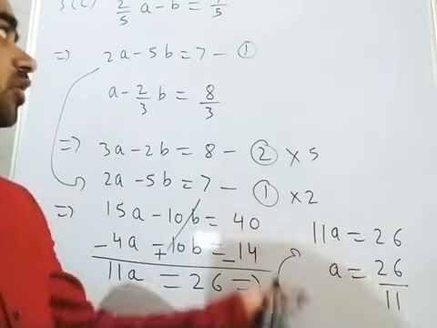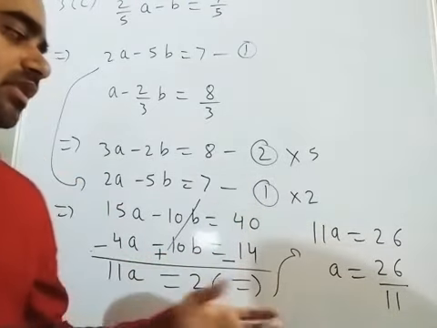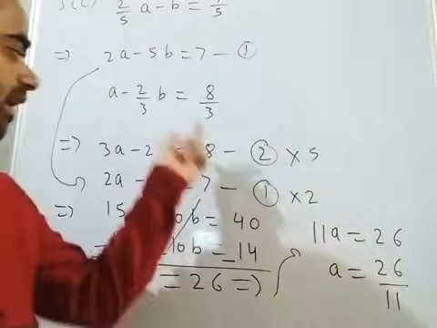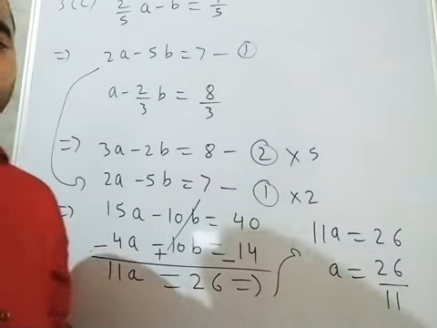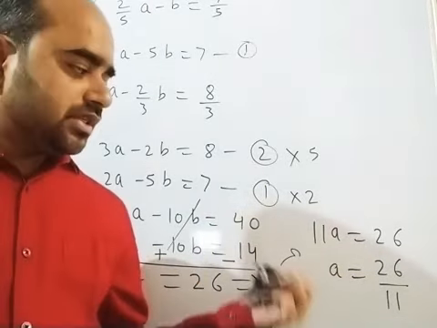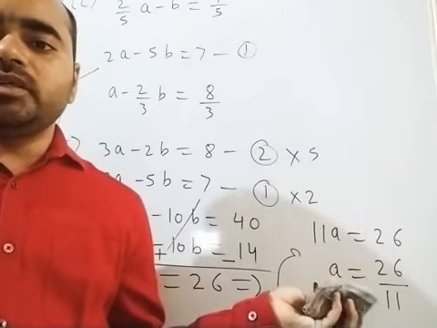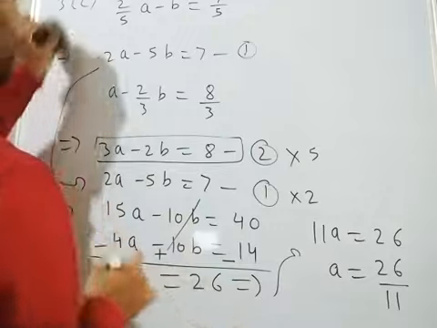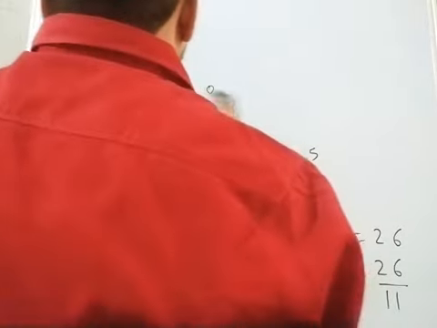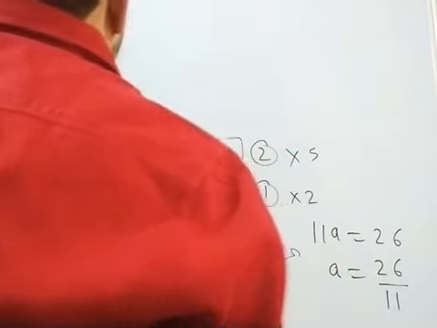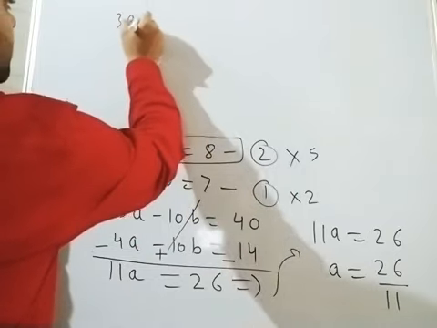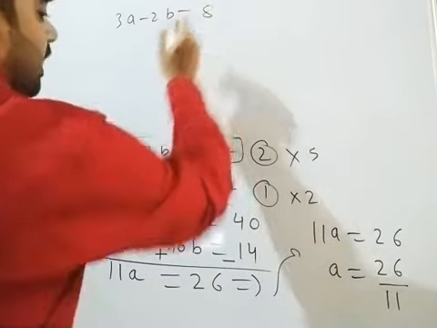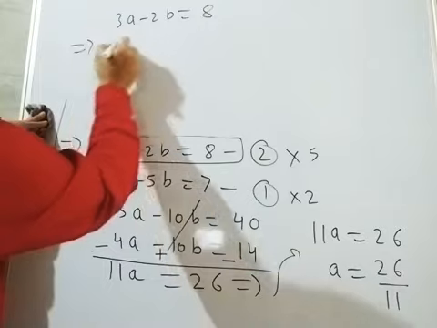Correct? How to calculate b? You will substitute the value of a in any of the equations. Correct? In any of the equations you will substitute a, then you can calculate b. Suppose you are taking 3a minus 2b is equal to 8, and a is 26 by 11.